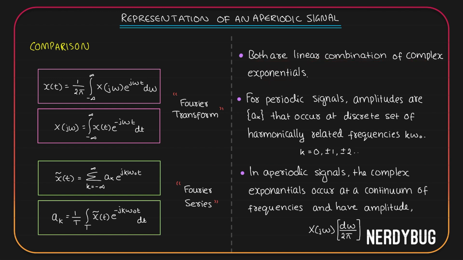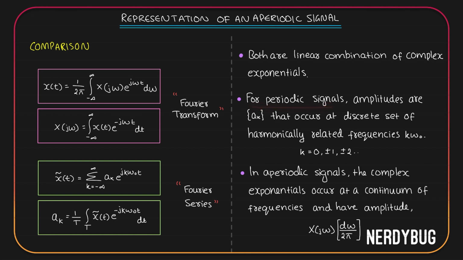In Fourier transform, since omega is continuous, we take integration. In Fourier series, we take summation. Other than that, you can see e raised to j omega t here and e raised to j k omega naught t here. But k omega naught t is omega itself. So they are both linear combinations of complex exponentials.